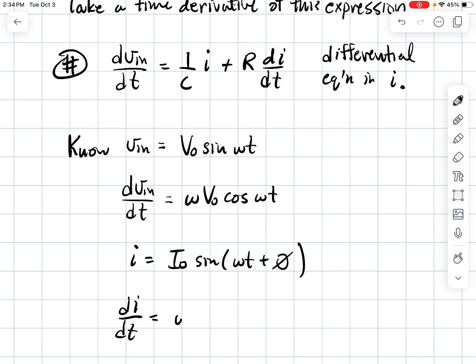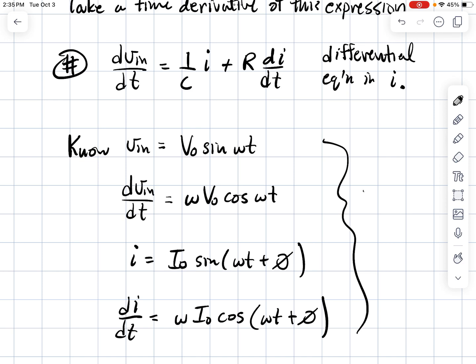Again, a factor of omega comes out, the sine becomes a cos, and that's it. So we're going to take these results and sub into the differential equation above. That will get rid of all the derivatives, and we'll be left with an algebraic equation that we could try to manipulate.